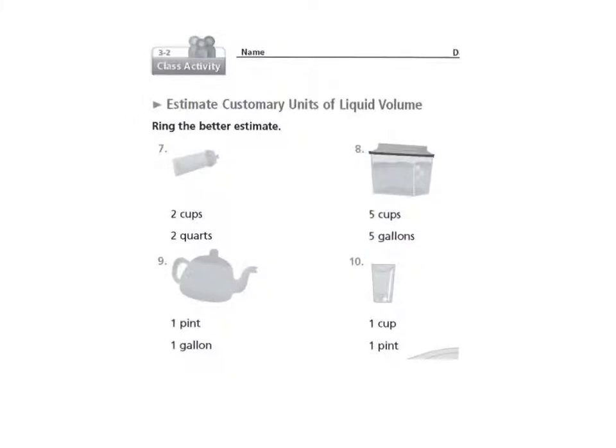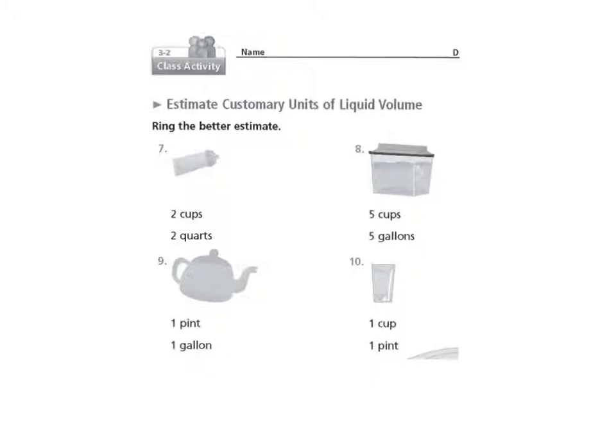Okay, so now if you turn to page 164 in your SAB book, you'll see it says estimate customary units of liquid. Now we're not choosing the best one, but how much we think something would hold. So a baby bottle. Do you think a baby is going to drink 2 cups, or 2 quarts? If we went back to that original picture, a quart is 4 cups.